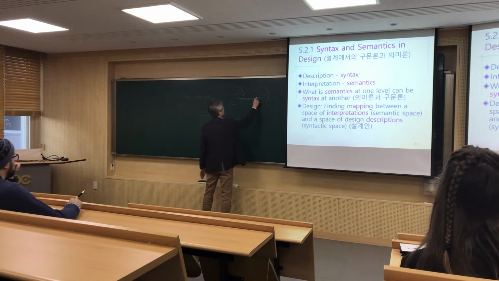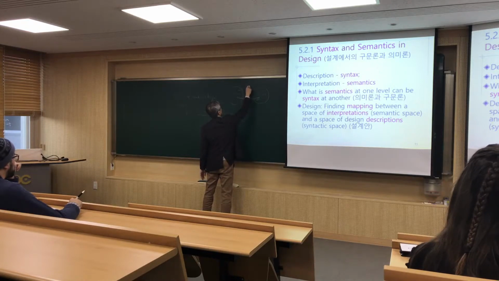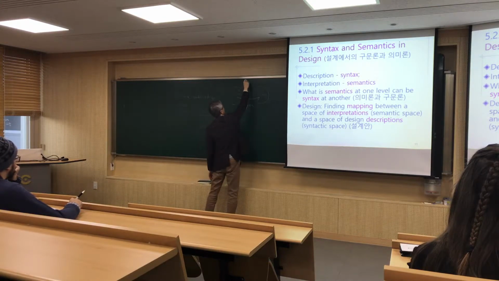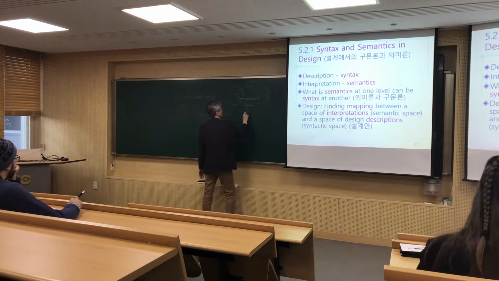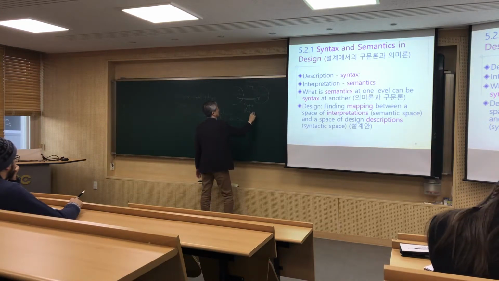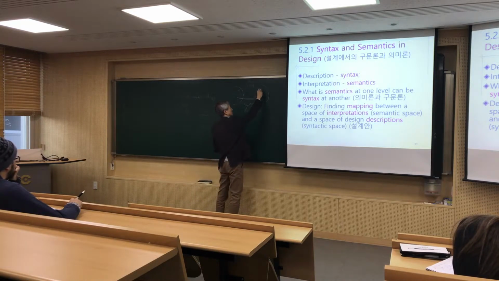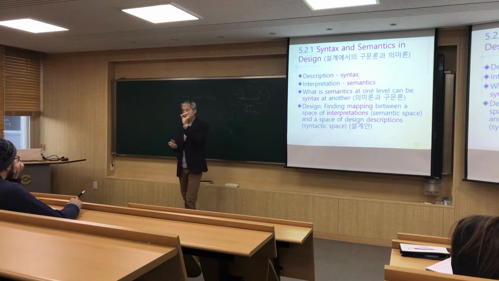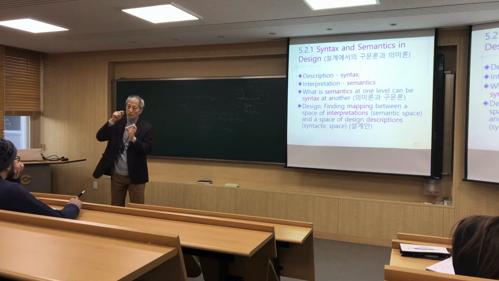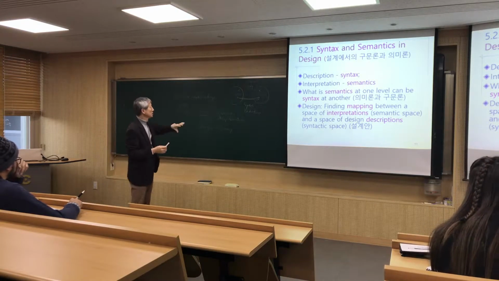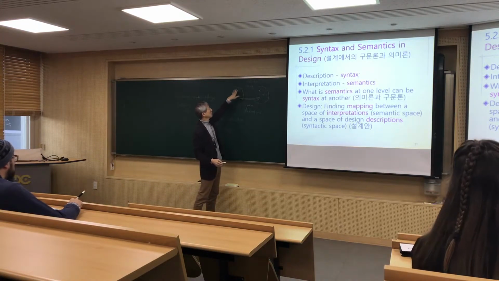So designing can be analysis, it can be synthesis, or it can be deduction, and it can be abduction. So given one design, we can interpret the performance of this design. That is interpretation or analysis.